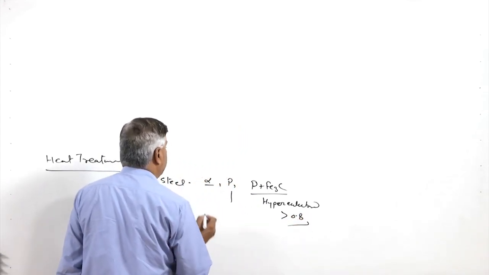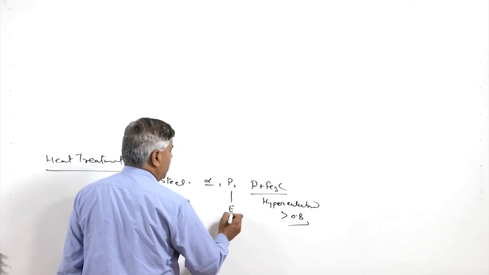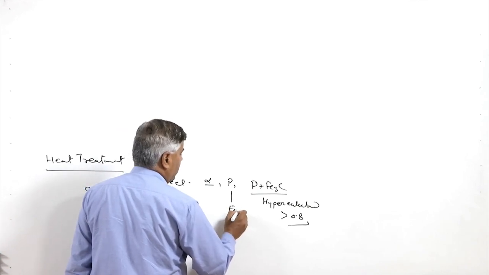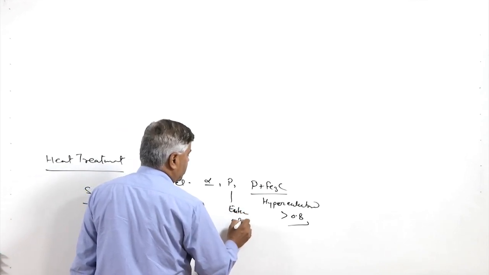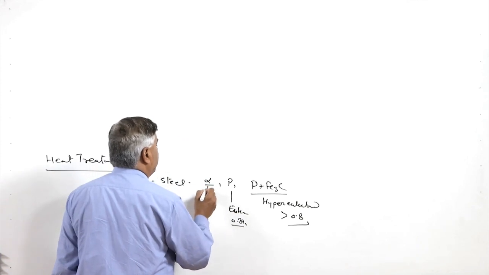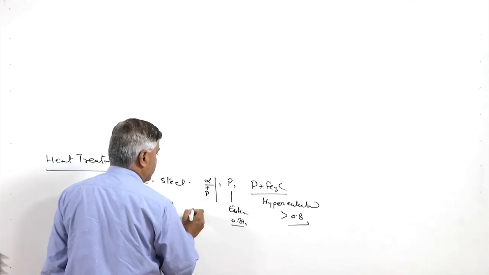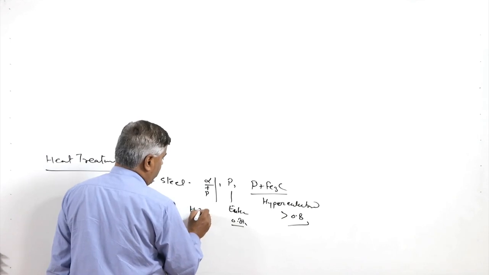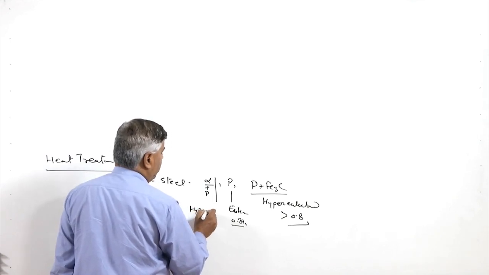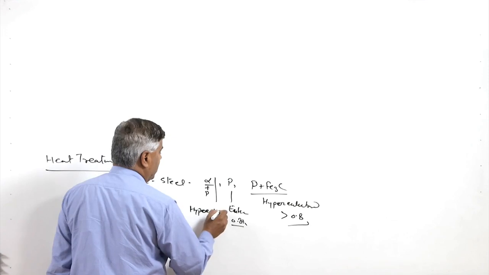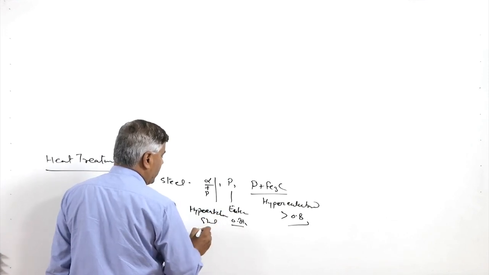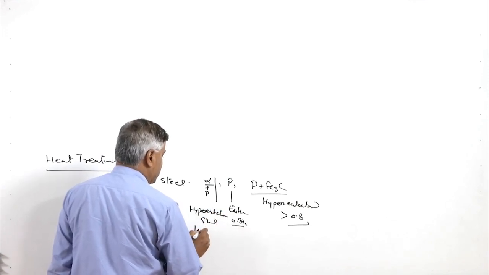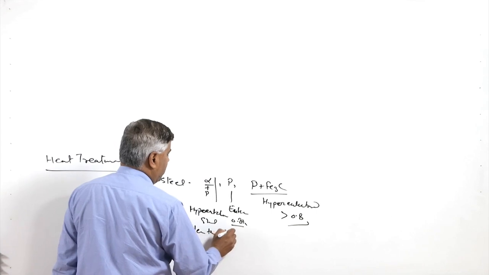This is for the eutectoid steel having just 0.8% carbon, and alpha plus perlite is produced in the case of the hypoeutectoid steels, wherein the carbon content is less than 0.8%.